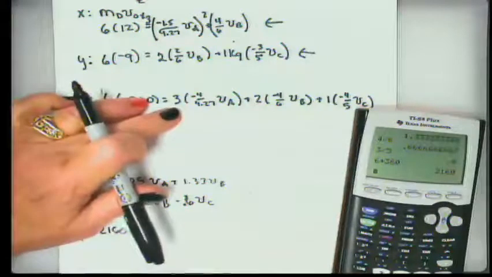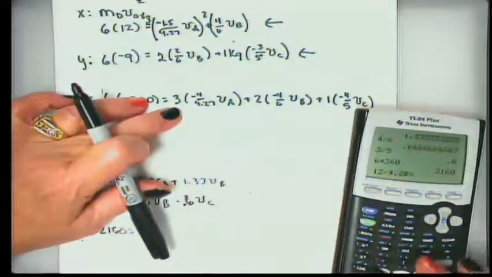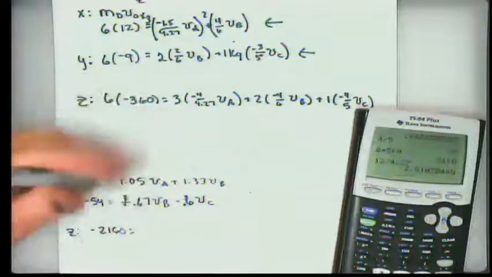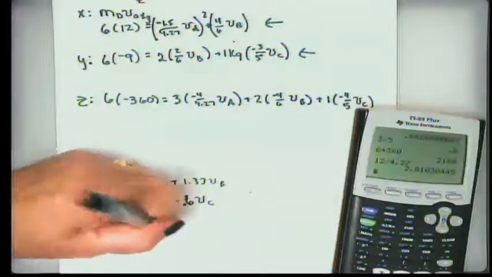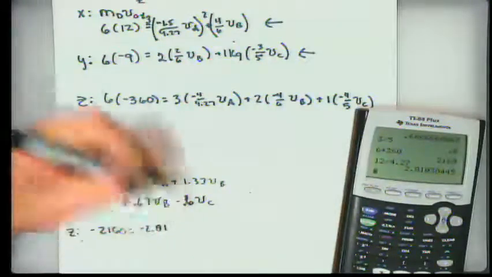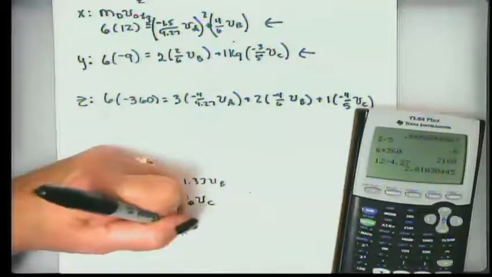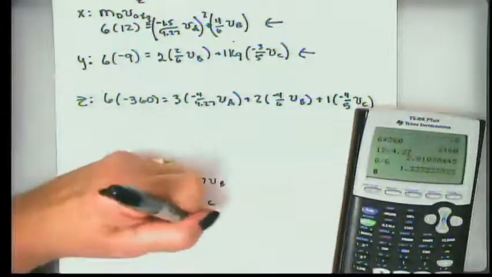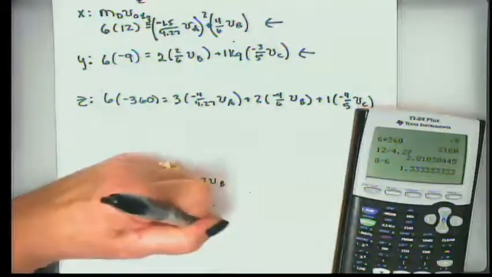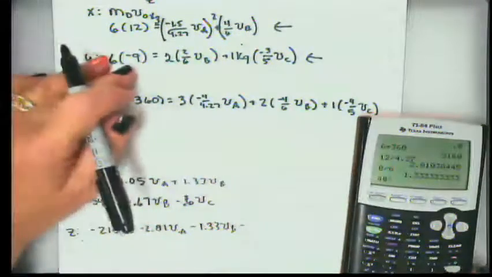And then I have 3 times 4, which is 12, divided by 4.27 for my coefficient of V sub A. Negative 2.81. Just be careful. Yeah, that's okay. V sub A minus 8 over 6, which is still 1.33 V sub B minus 4/5, which is 0.8.